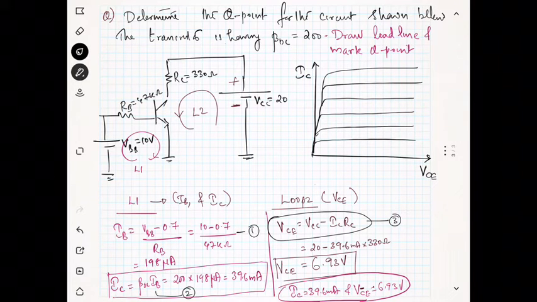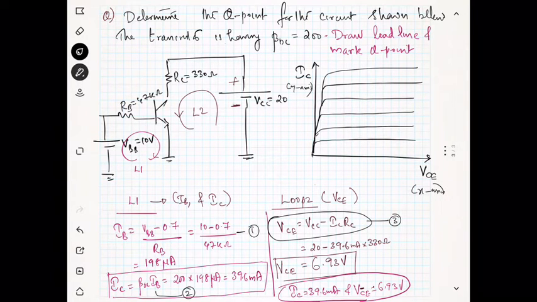Now in equation number 3, you can see this is the x-axis and this is the y-axis, right? Now you can see equation number 3 is an equation for a straight line. So we need to draw a line, but for drawing a line, you know that we need at least 2 points. Our x-axis is VCE and y-axis is IC. So we will find the x-intercept and the y-intercept.